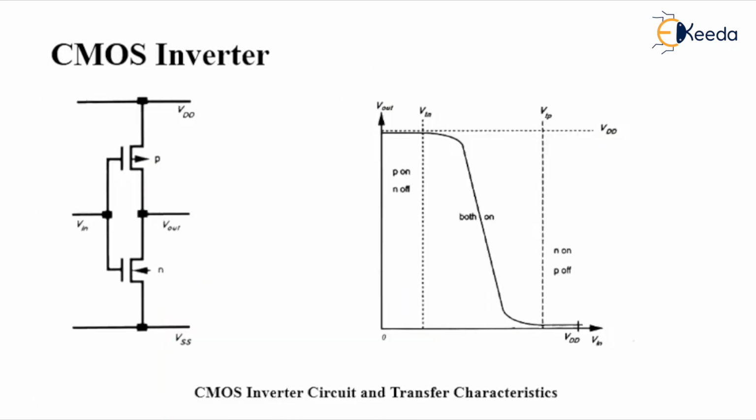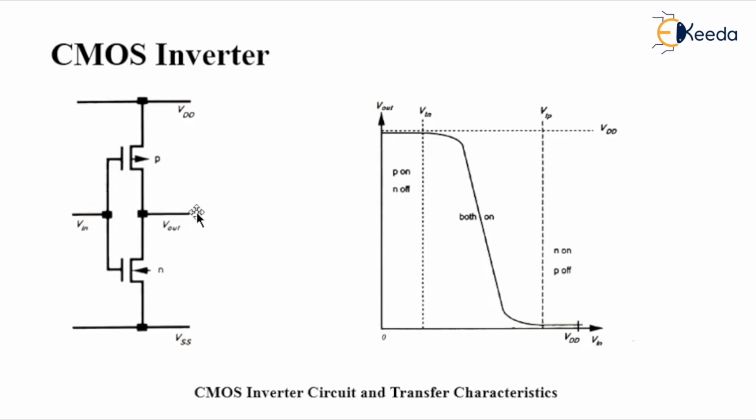Next, the CMOS inverter. If you see the picture very clearly, this is a CMOS inverter, which is a combination of PMOS and NMOS. This one is the PMOS or pull-up transistor, and this is the pull-down, which we discussed in our previous video. The upper part is the pull-up one and the lower one is the pull-down one.